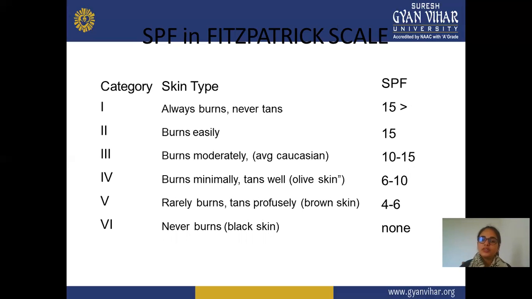Burns moderately, in category 3, that is average, 10 to 15 SPF is preferred. Next is burns minimally and tans well, that is olive skin, 6 to 10. Rarely burns, tans profusely, that is brown skin, 4 to 6. And never burns, that is black skin, no sunscreen or no SPF is preferred.